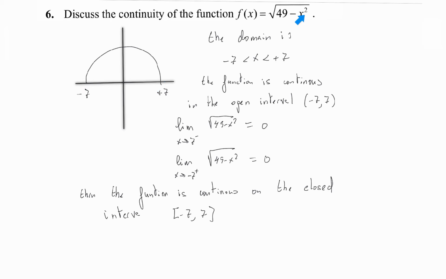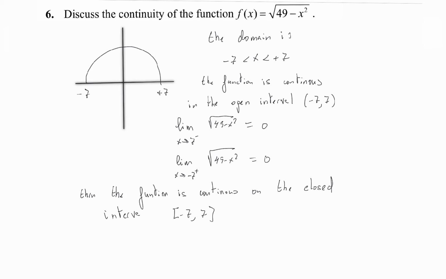If you try to choose a point like 10, for example, 10 squared will be 100, 49 minus 100 will be negative, and the function will not exist because a square root of a negative number doesn't exist. So we need x to be between minus 7 and 7. And in this interval, the function is continuous. So it's continuous on the open interval minus 7, 7.